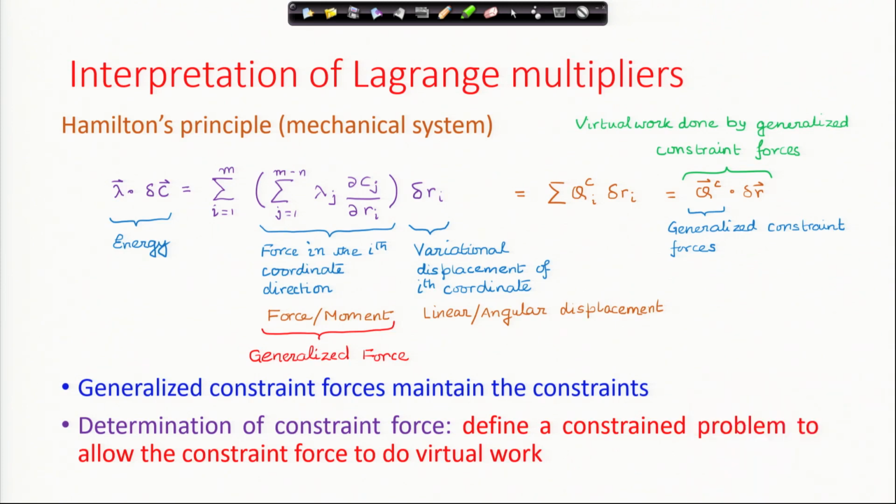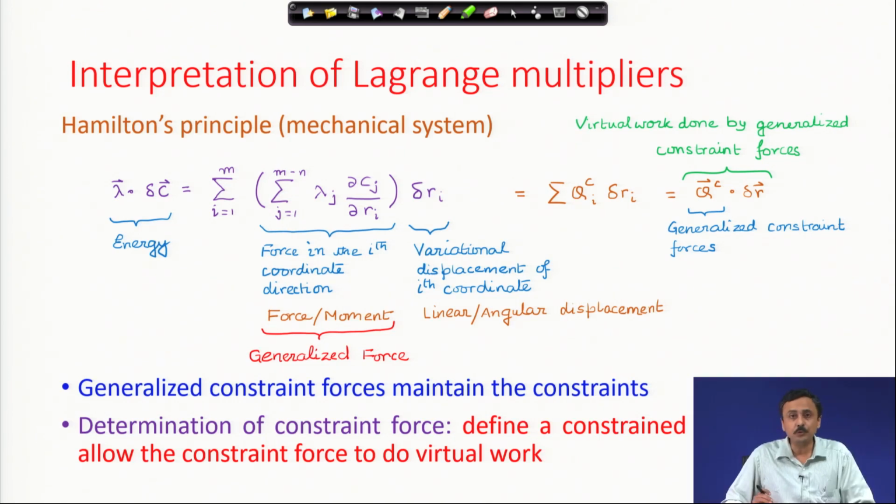When you have to determine a constraint force in the Lagrangian approach, in the analytical dynamics approach, you first break a constraint and introduce the constraint as a mathematical quantity which must be maintained, and the corresponding Lagrange multiplier helps us in finding out the constraint forces.